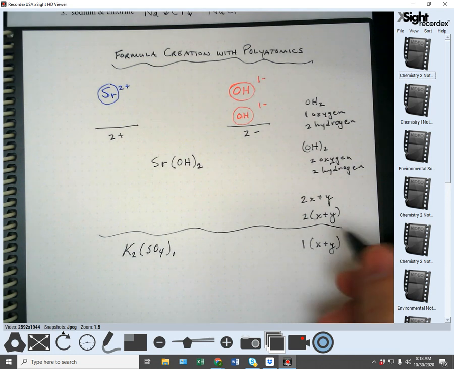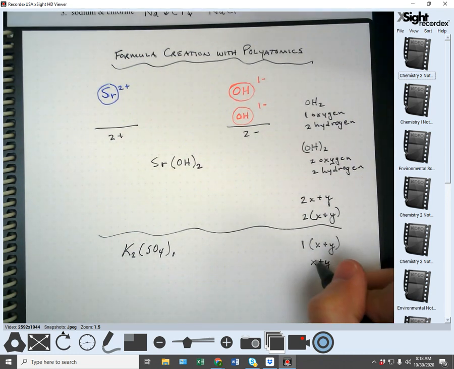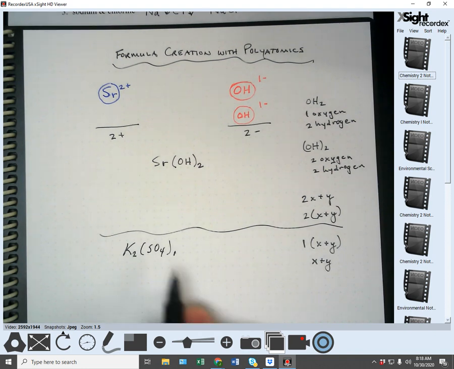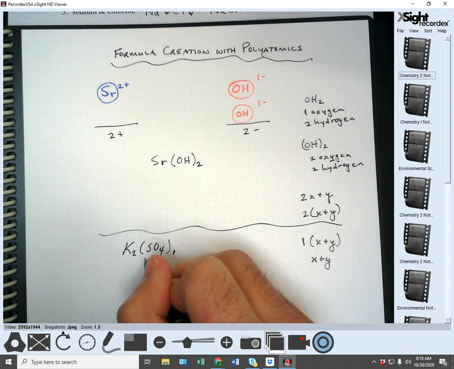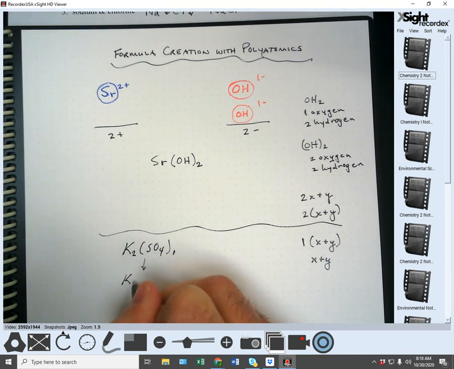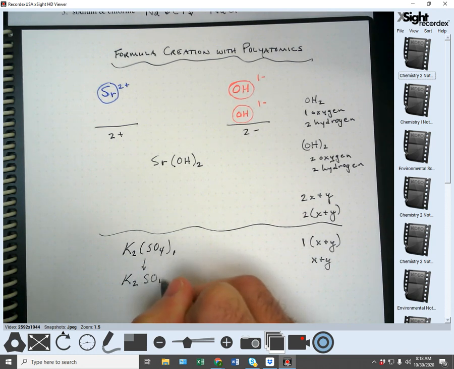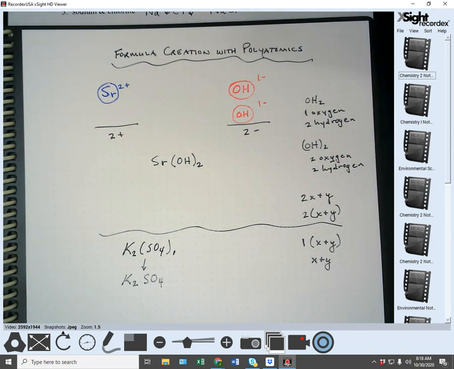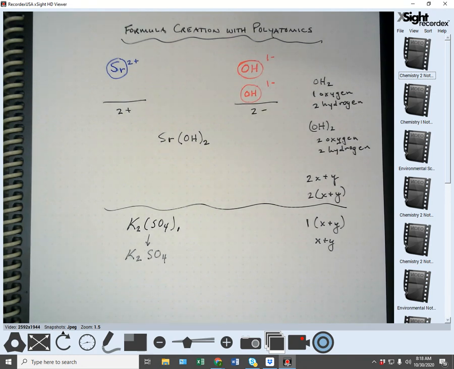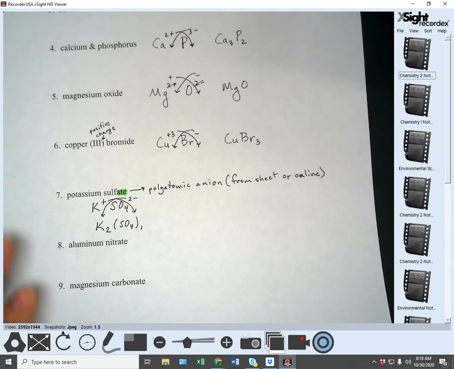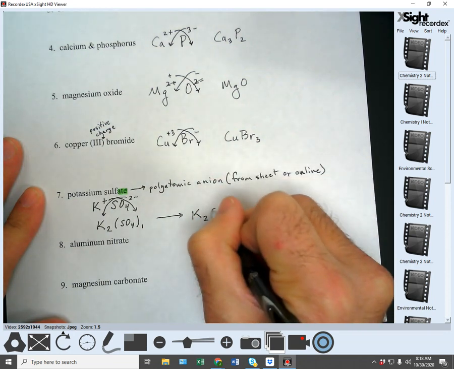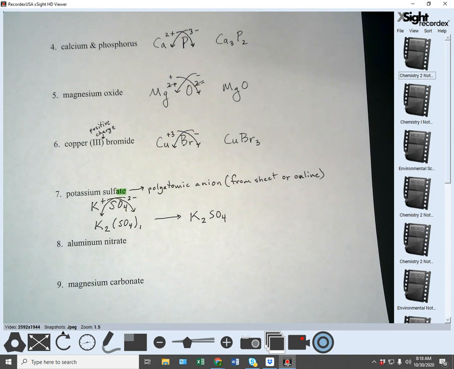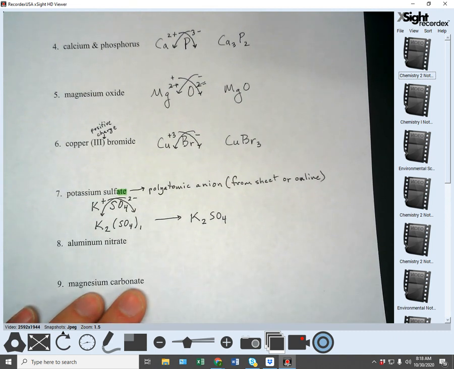We know if we're writing down x plus y, that's assuming you have at least one of that thing. Okay, so we don't have to write a 1, which means we don't need parentheses on that. So this actually will be written like K2 SO4. All right, we don't need the parentheses on it. You only need parentheses if you're bringing a number down other than 1.